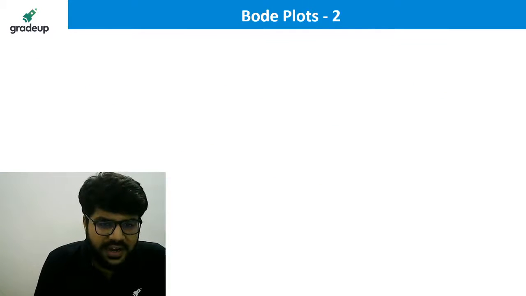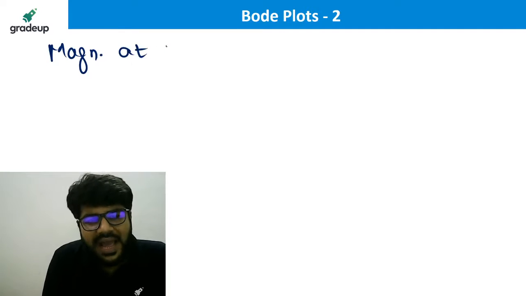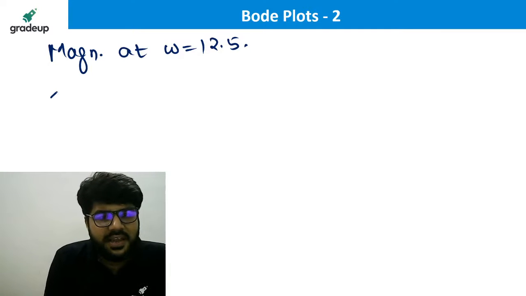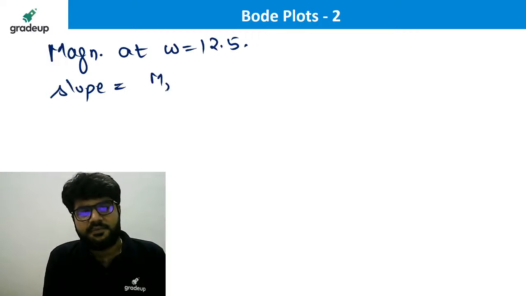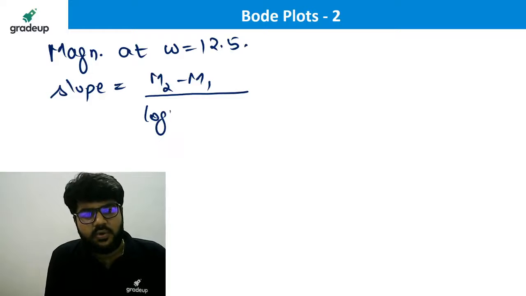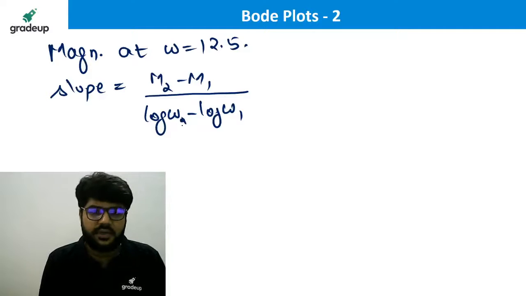I am now trying to find the magnitude at omega equal to 12.5. For that, I will again use the slope formula we discussed in the last class. It is actually y2 minus y1 by x2 minus x1, but you will use m2 minus m1 divided by log omega 2 minus log omega 1.